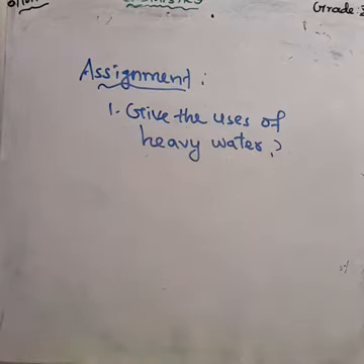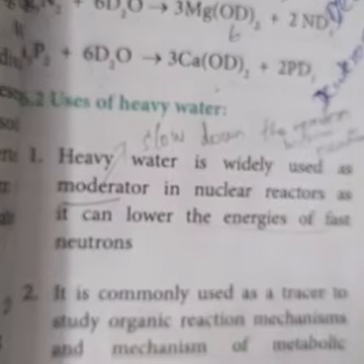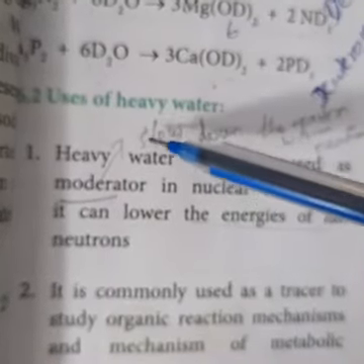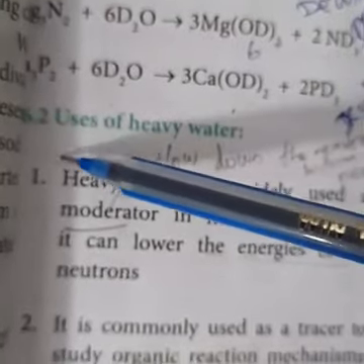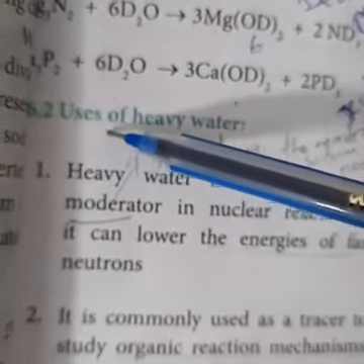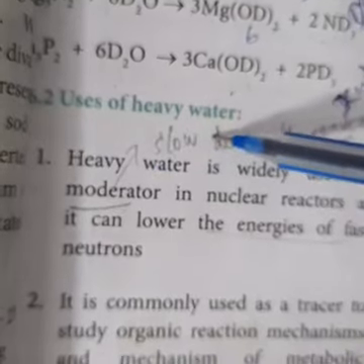Very important question. If you have the book, take your book now. Students, take page number 111. At the left-hand side of the page, at the last, 4.6.2, uses of heavy water. There are three uses.